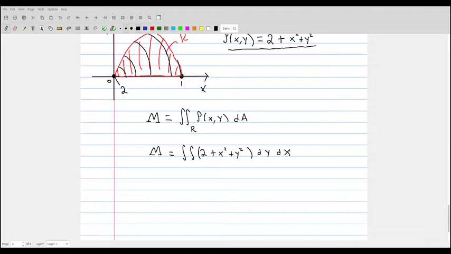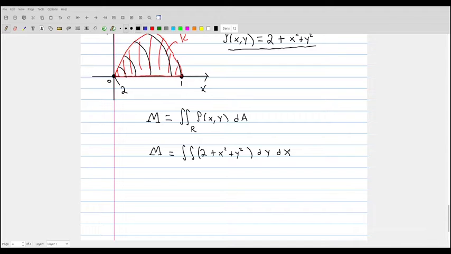It turns out that it's not the easiest way of doing it for this problem, though a good exercise would be to go through and actually do this problem using what we know about polar coordinates. You'll get an integral that will come up to the same value that I'll calculate right now. But I'm going to go through and just do this integral in Cartesian coordinates. That way you can see that.